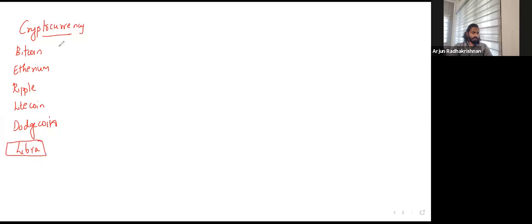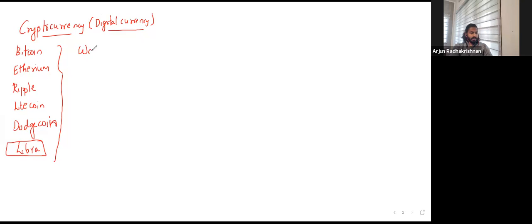So all these are examples of cryptocurrencies. A cryptocurrency is a digital currency. You will never see it in printed form. Transactions happen digitally.